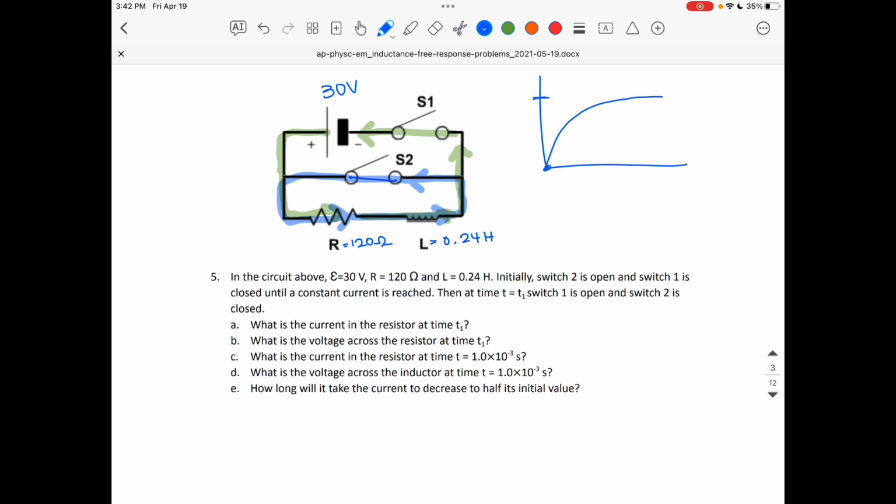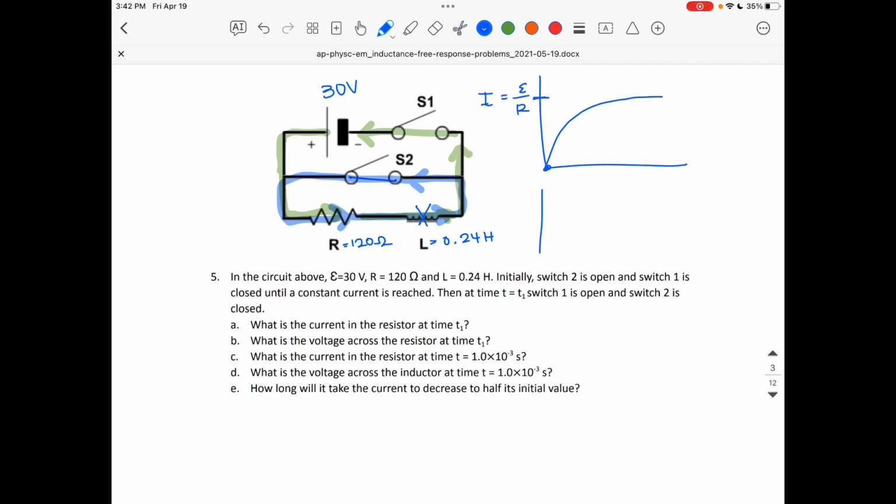So when it's going through S1, it starts at 0, and when it reaches maximum, we can think of our inductor as a normal wire, and our current is going to be EMF over R, which is 30 over 120.